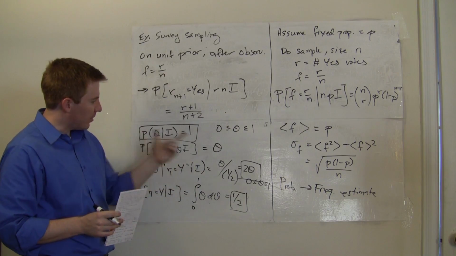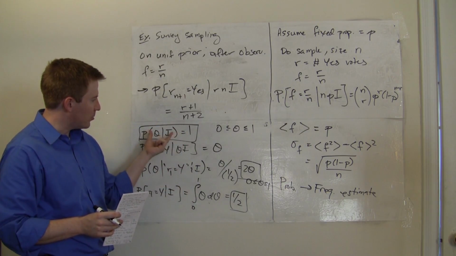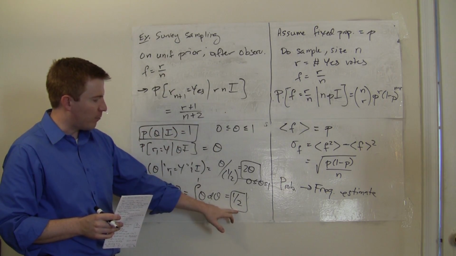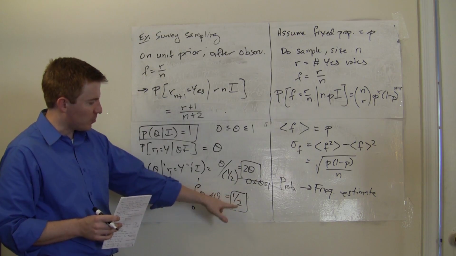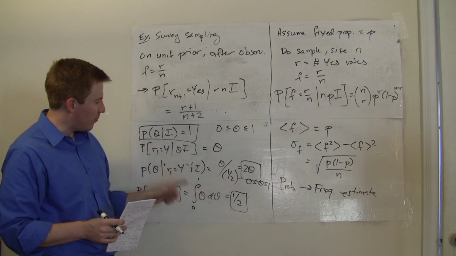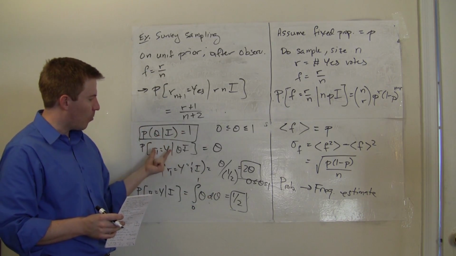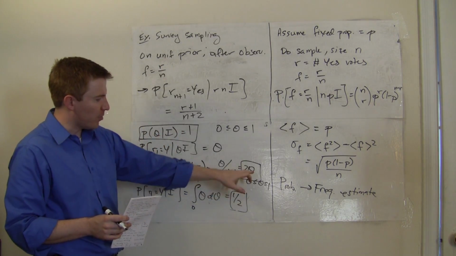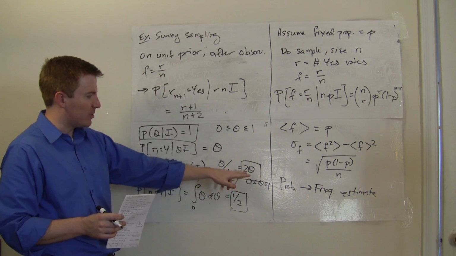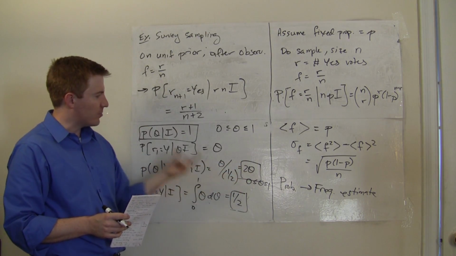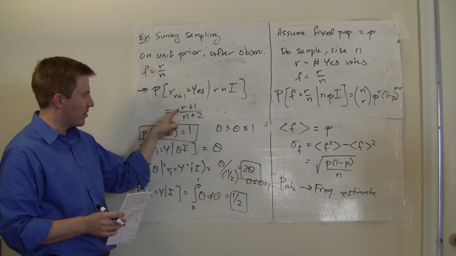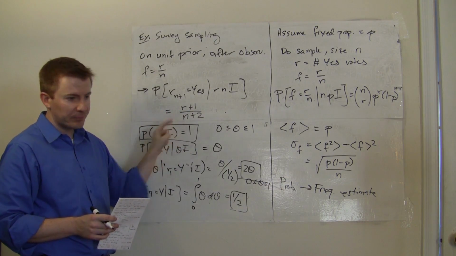You can see that here: after doing no samples, our forward-looking probability is 1/2, that's 0 plus 1 over 0 plus 2. If we do one sample and get a yes vote, our posterior assignment is 2 theta, and if we take the expectation of that, we get 2/3. That's 1 plus 1 over 1 plus 2, etc.